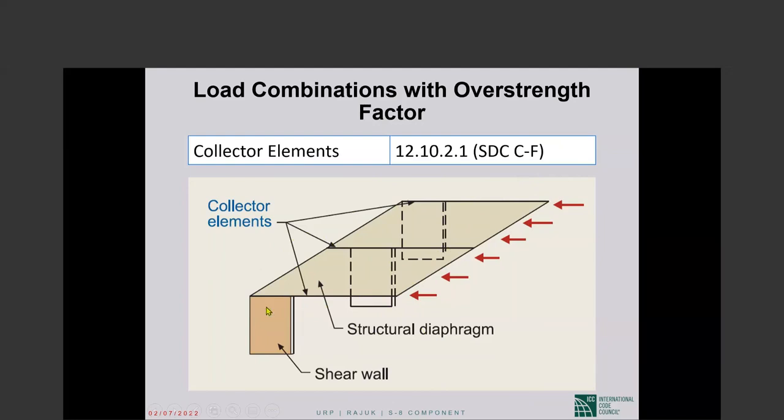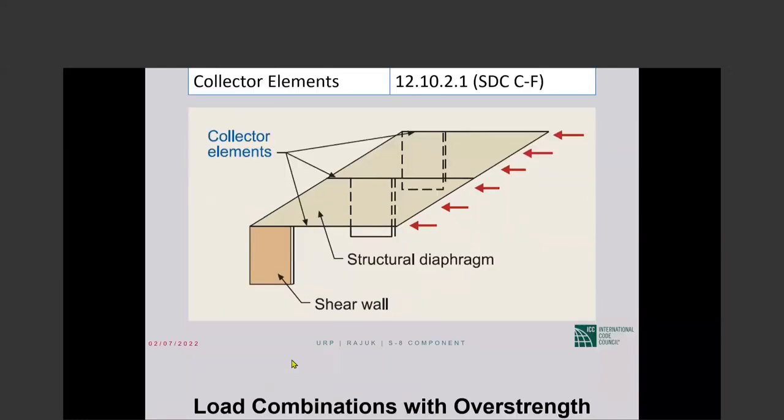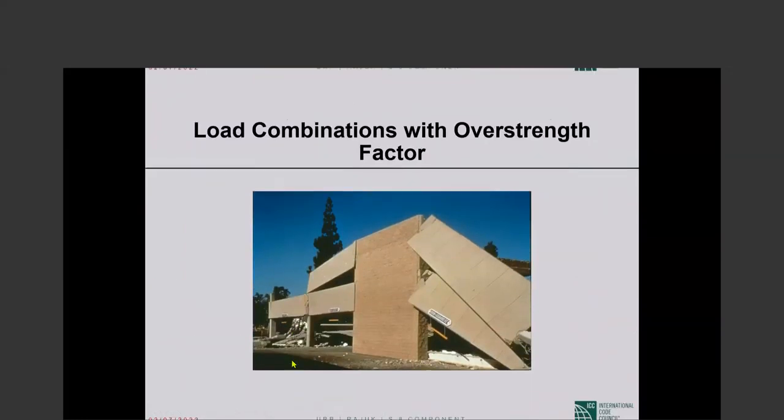Now, if that shear wall were supporting the entire edge of the diaphragm, there would be no collector. But we have a situation where we have a 50-foot diaphragm edge and only 20 feet of shear walls. What happens now?